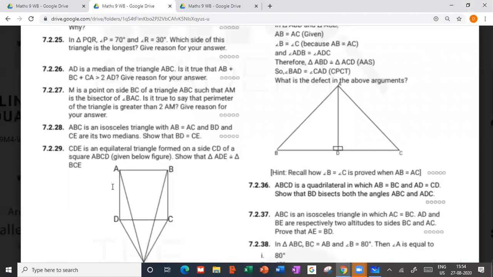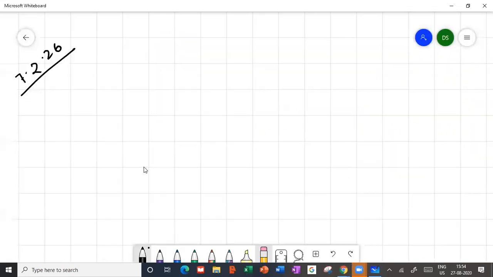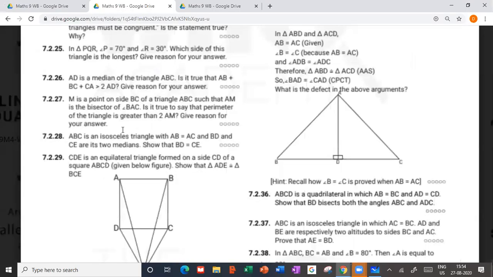Okay, AD is the median of the triangle ABC. What is a median? Ma'am, that divides the side into two. Correct. So they are saying AD is a median.